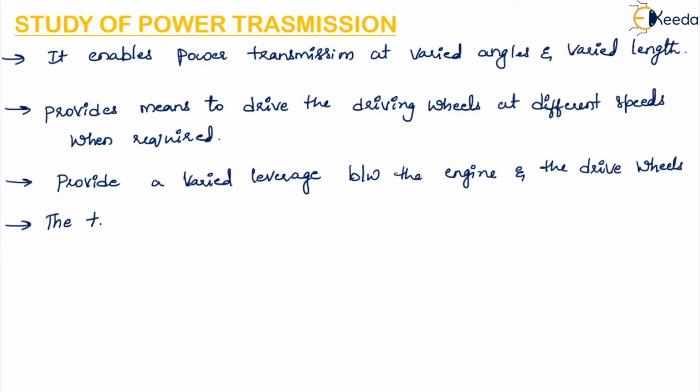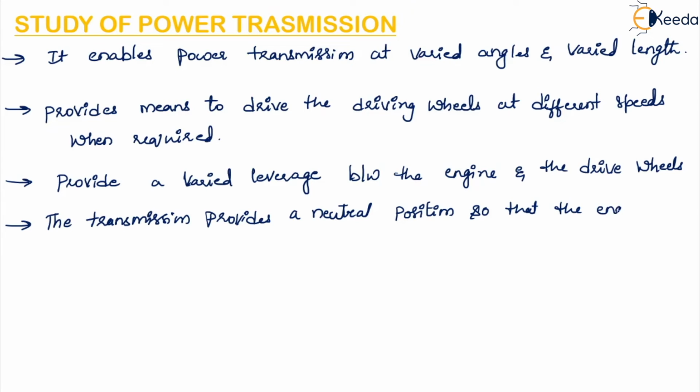So the transmission provides a neutral position so that the engine and road wheels are disconnected.